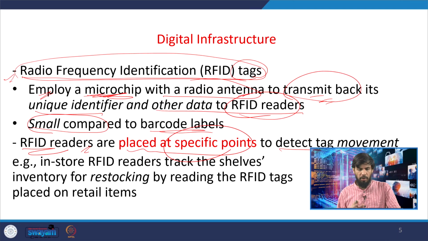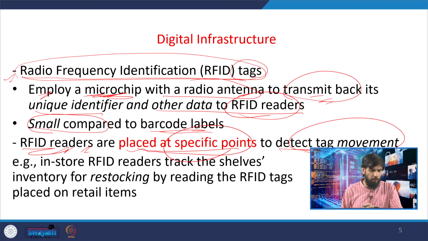If there is any unwanted movement, the tag would be there, so RFID readers can be installed at a specific point, and if there is movement around that location, the tag movement would be detected and an alarm would be raised. This helps in many situations where high value items are involved.